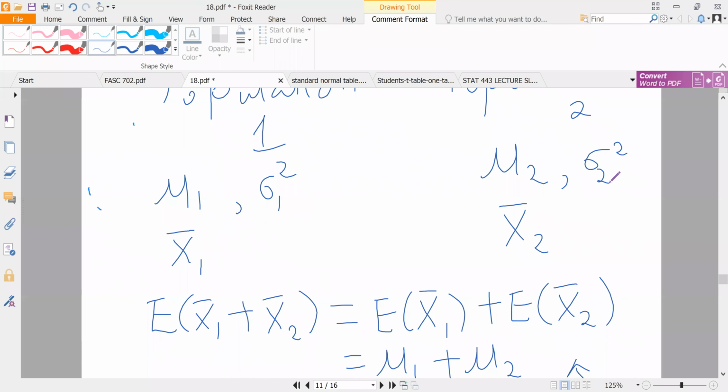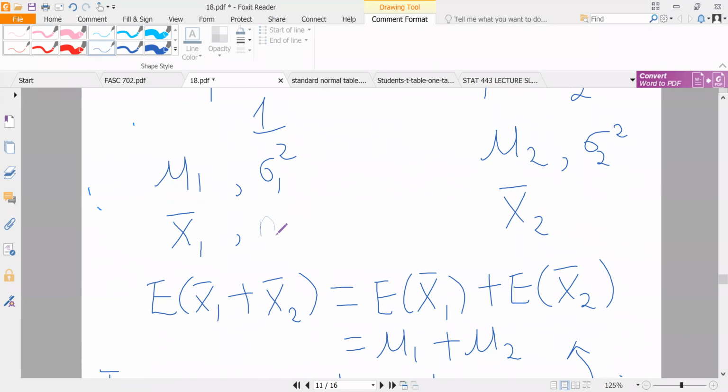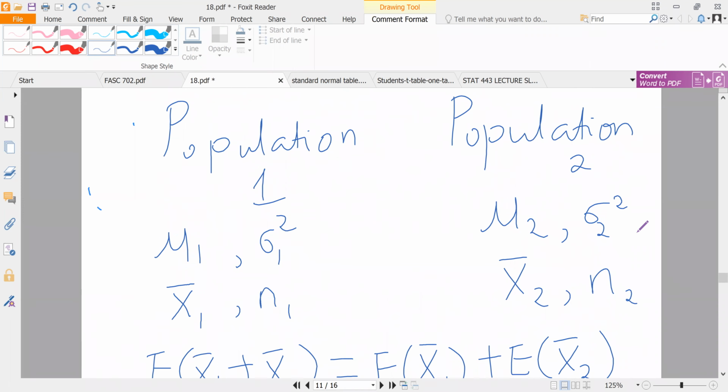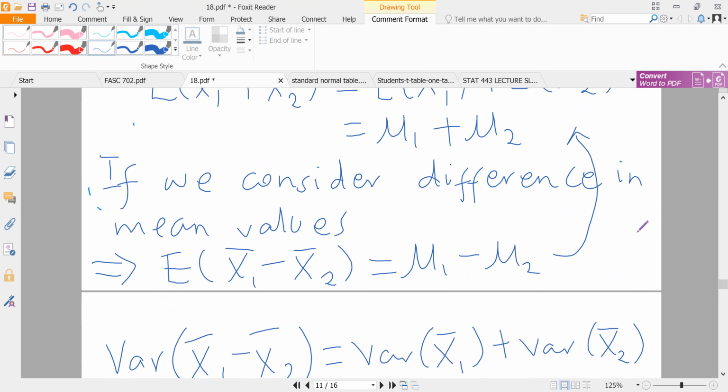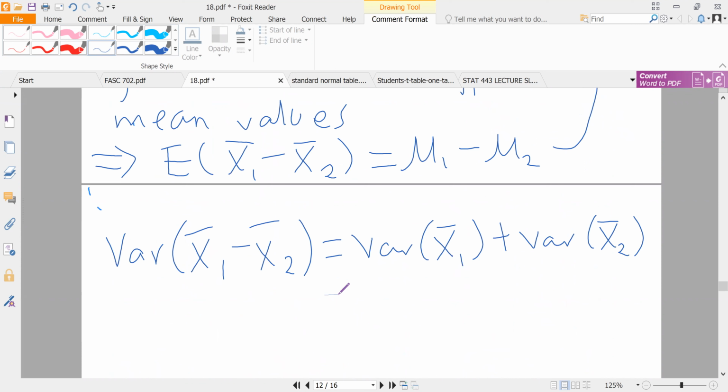Now, for a sample of size n1 from population 1 and a sample of size n2 from population 2, we can say that the variance of x bar 1 is equal to sigma 1 squared over n1, and the variance of x bar 2 is sigma 2 squared over n2.